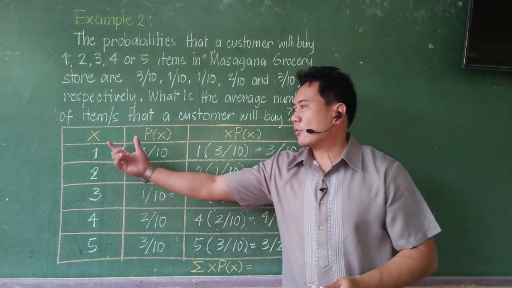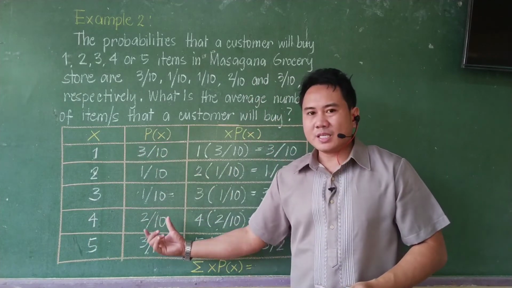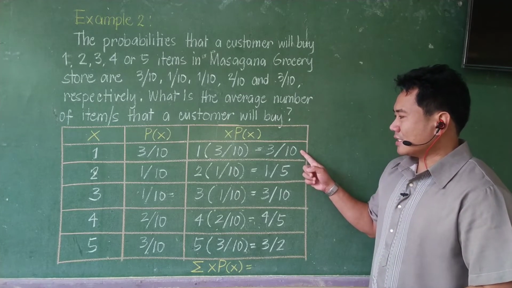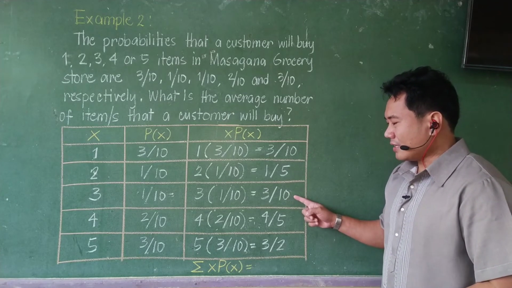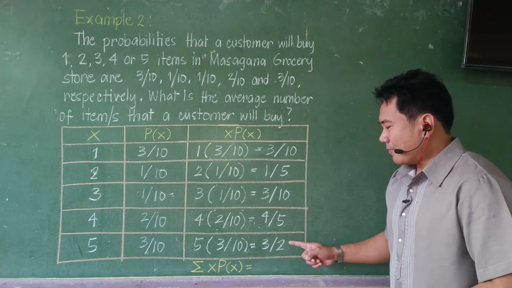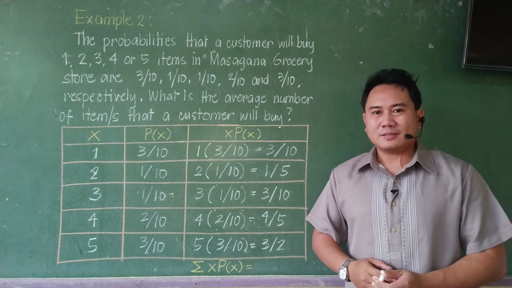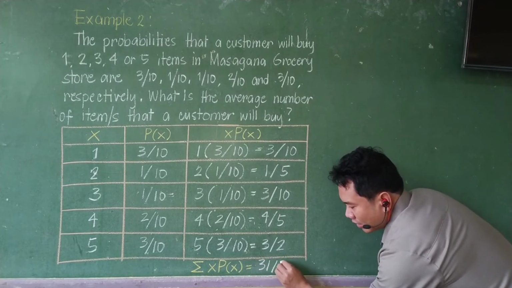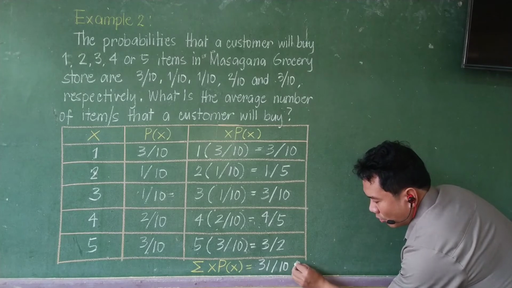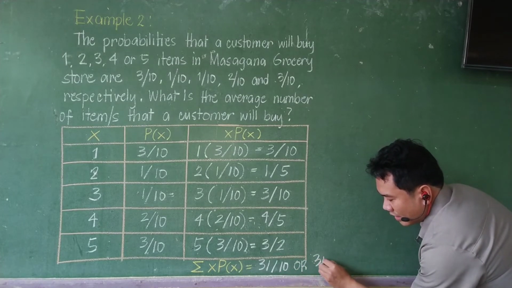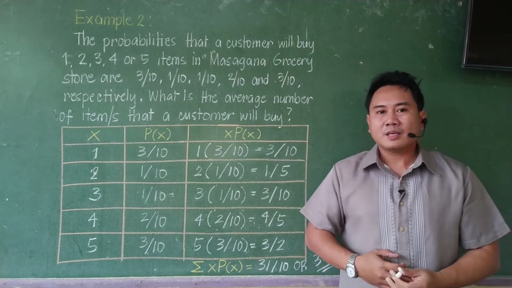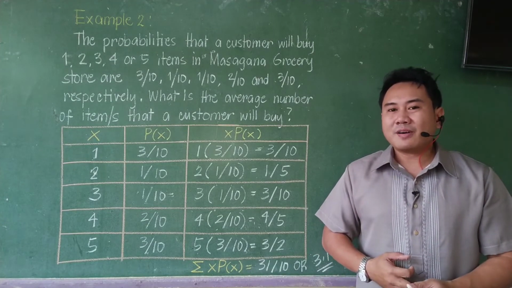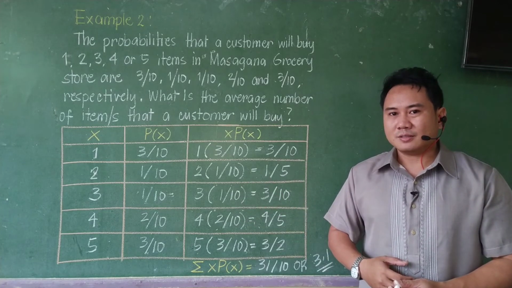After multiplying our x values with its probabilities, we are going to add all the products. 3/10 plus 1/5 plus 3/10 plus 4/5 plus 3/2 equals 31 over 10, or 3.1. 3.1 is the average, the mean, or the expected value of our distribution table.